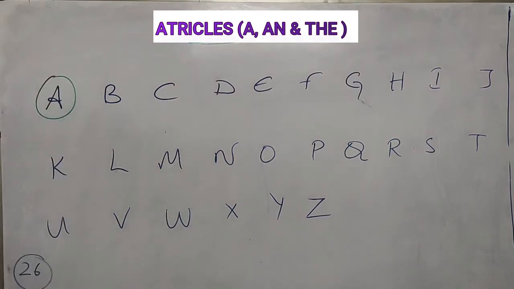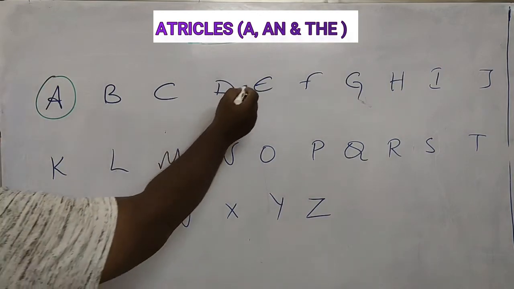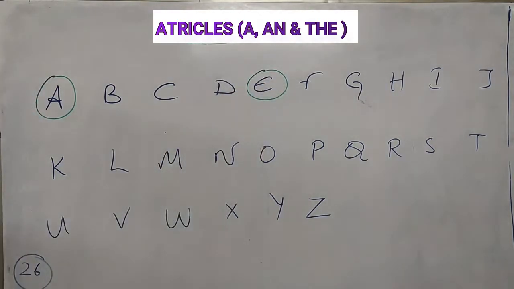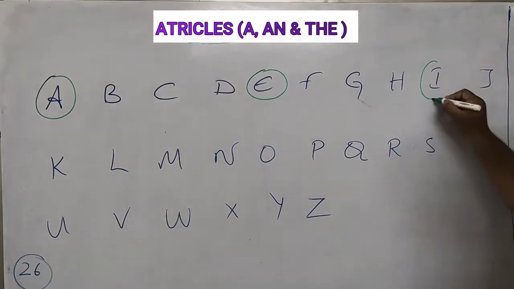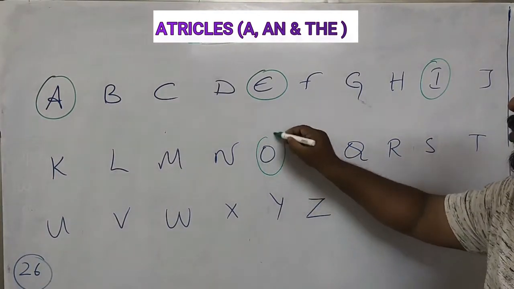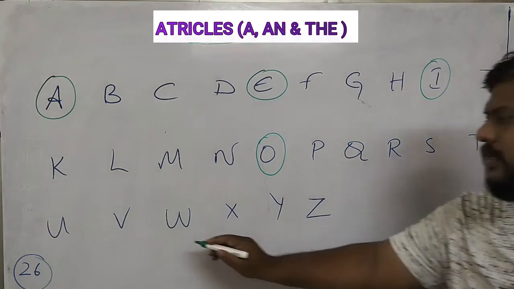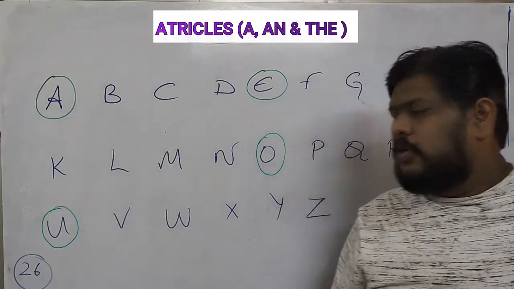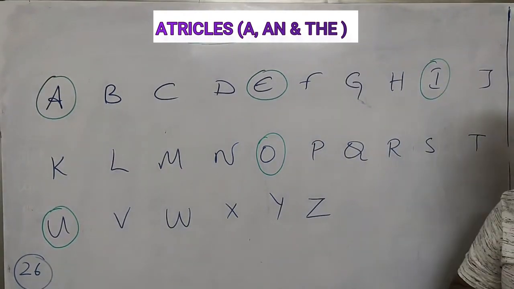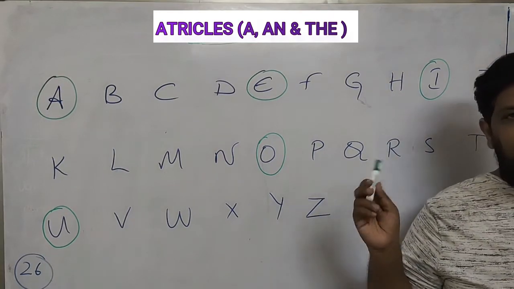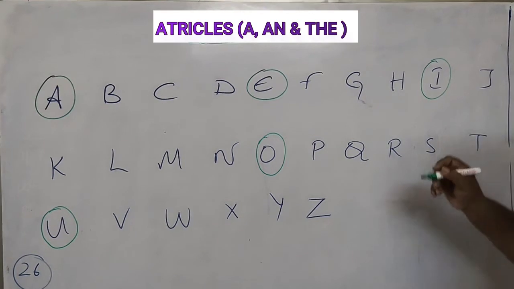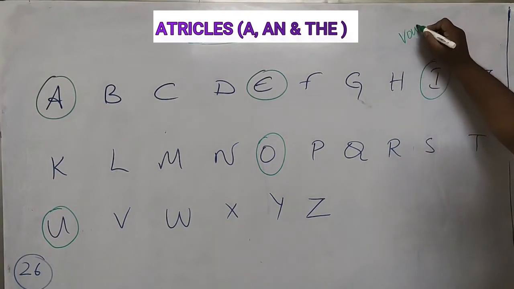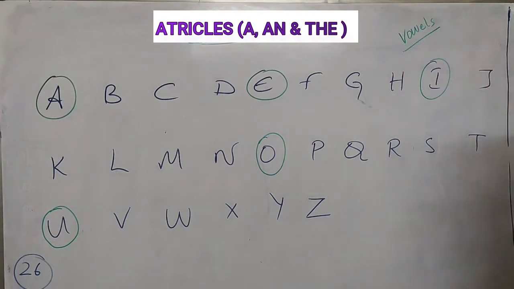A. Next is E. Next is I. Next is O. And next one is U. So, what are the 5 alphabets I picked up? A, E, I, O, U. All these 5 alphabets are called vowels.